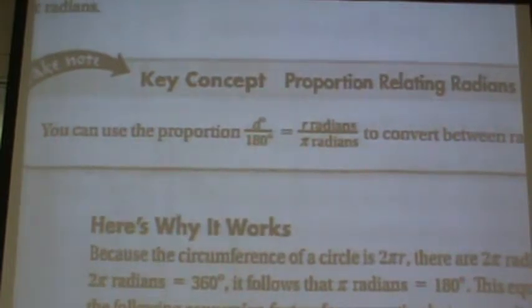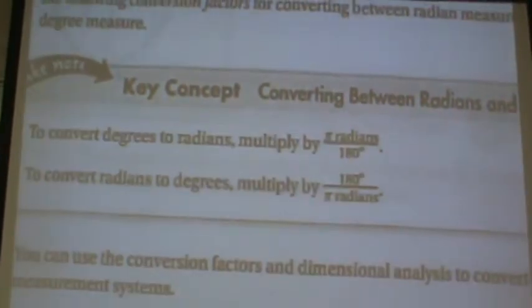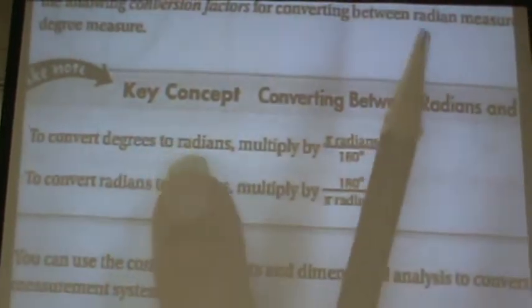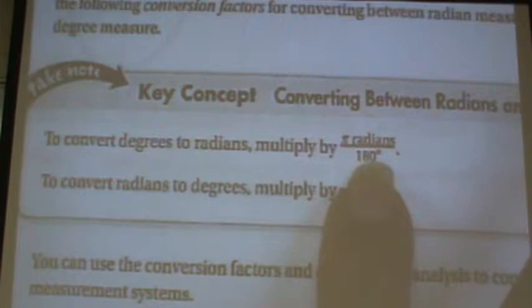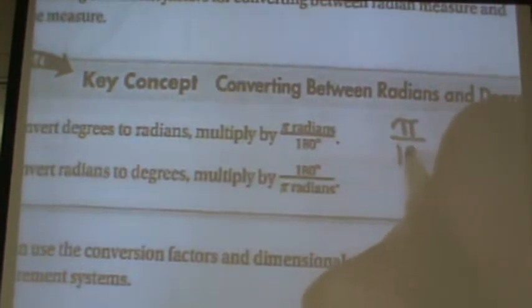How do you convert from radians to degree? Well, if you're trying to convert to radians, you're going to multiply by pi radians over 180. You don't have to write the word radians, just write pi over 180 degrees.